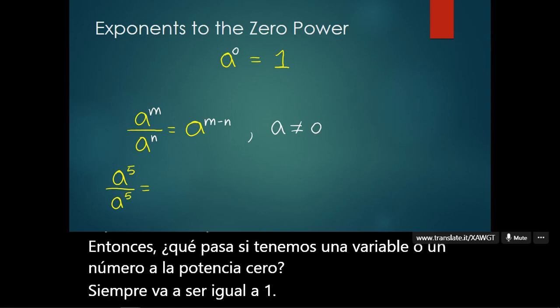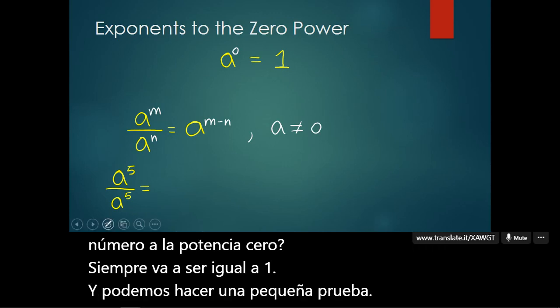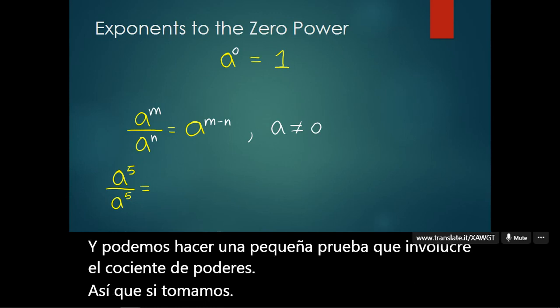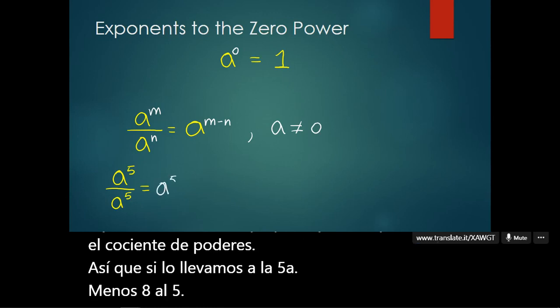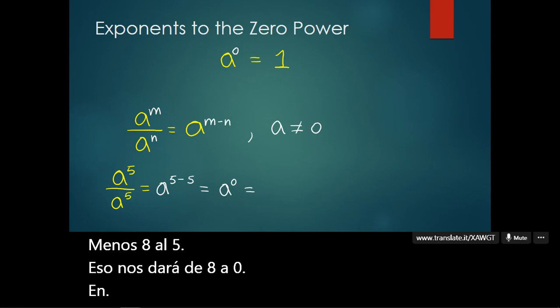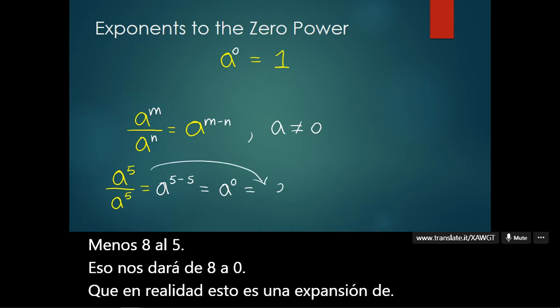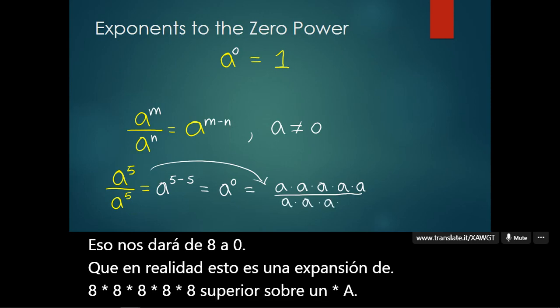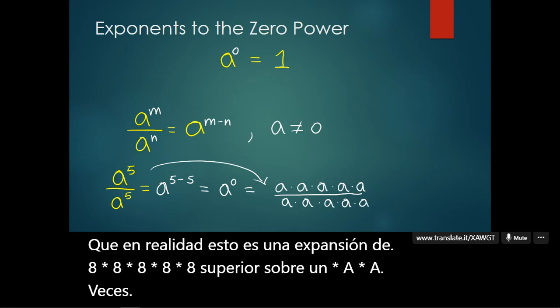And we can do a small proof involving the quotient of powers. So if we take a to the 5th divided by a to the 5th, that's going to give us a to the 0, which in reality is an expansion of a times a times a times a times a at the top over a times a times a times a times a at the bottom.